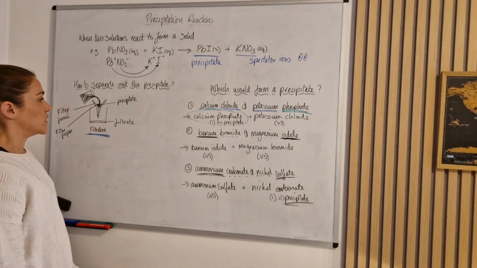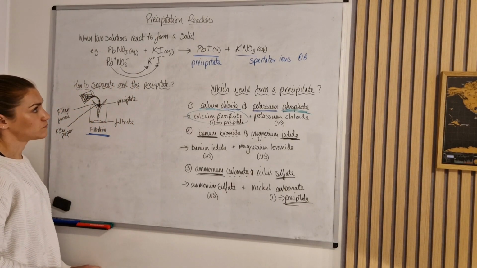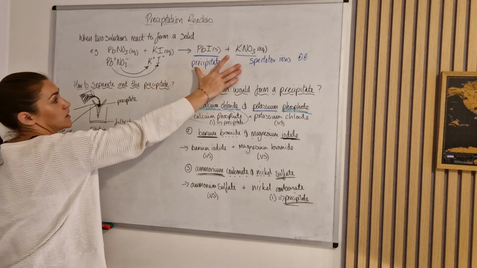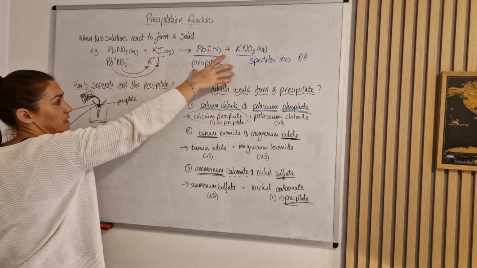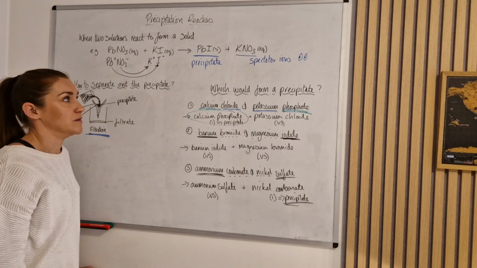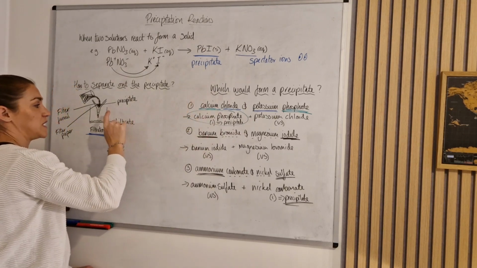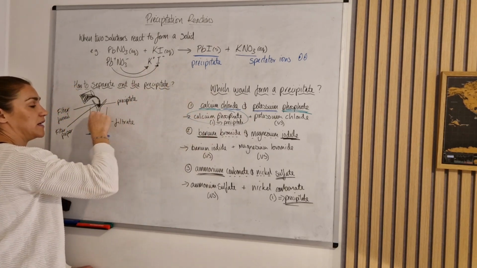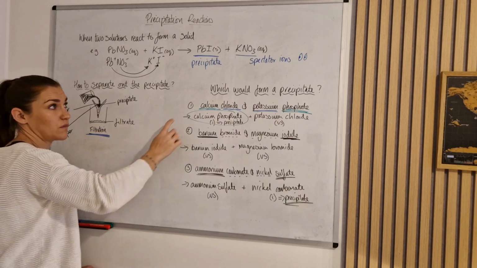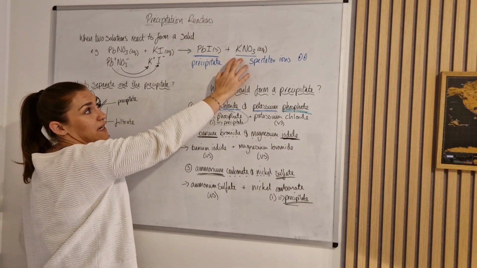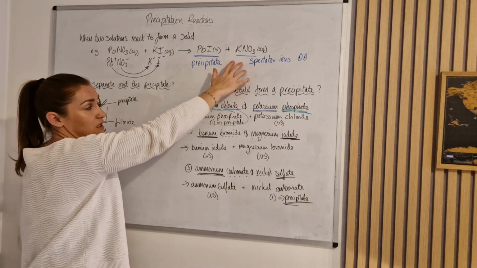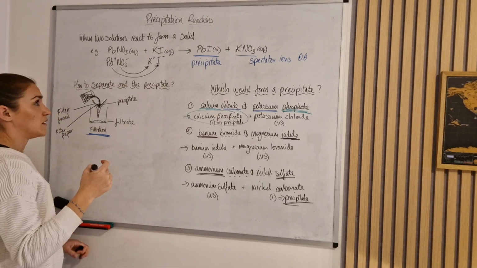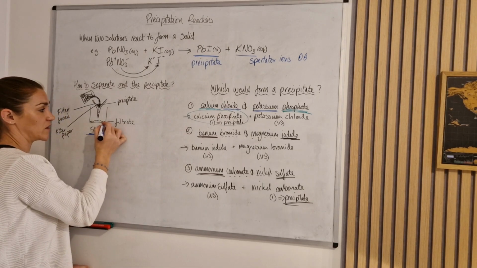One last little bonus thing though, so for this reaction here, we've made lead iodide, we've made potassium nitrate. We've managed to obtain our lead iodide by using filtration. If we wanted to obtain a dry sample of the potassium nitrate to use for something, that's still in solution. That's going to be in our filtrate.